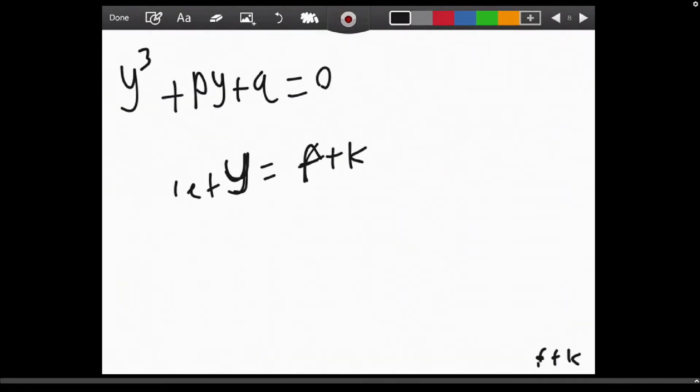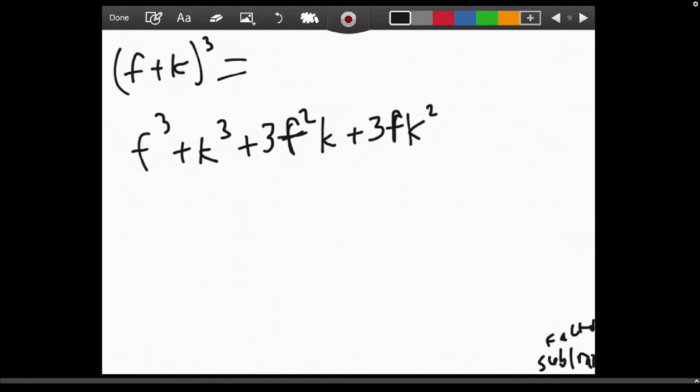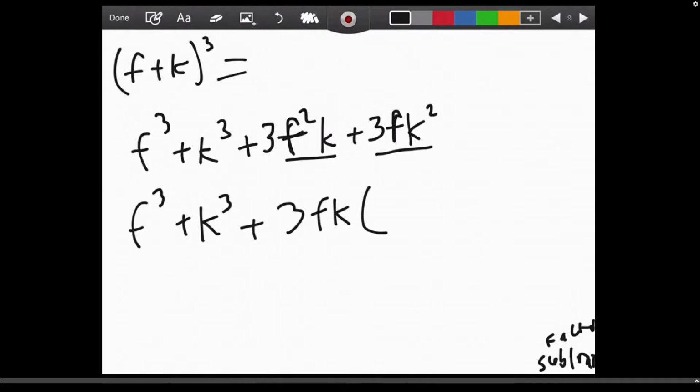So now, obviously, we have to find what f plus k cubed is here. Once we do that, we get f cubed plus k cubed plus 3f squared k plus 3fk squared. After this, what we can actually do is keep f cubed and k cubed, and here we can factor out a 3fk from both of these, and that's going to give us 3fk times f plus k.